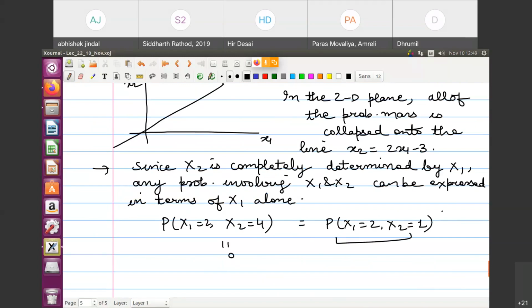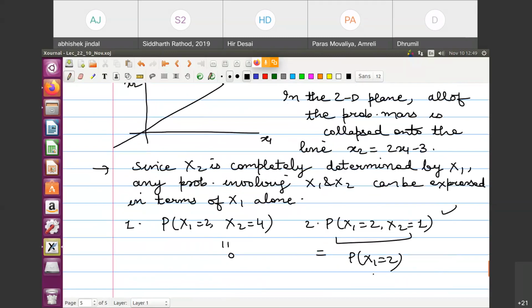But here this will give you a non-zero value, the same as the probability that x1 is equal to 2. These are two cases: this is case 1, this is case 2. So either it is 0 or it can be expressed in terms of the probability of the random variable x1.